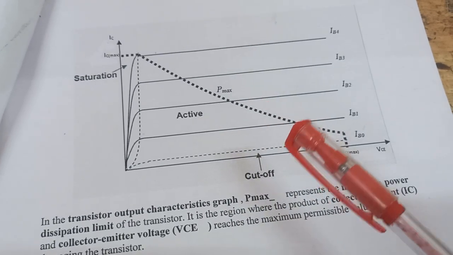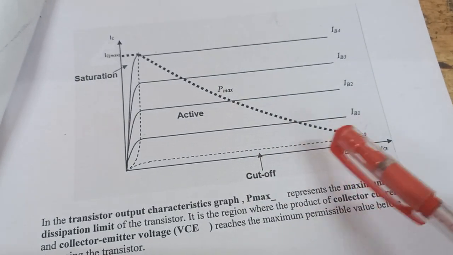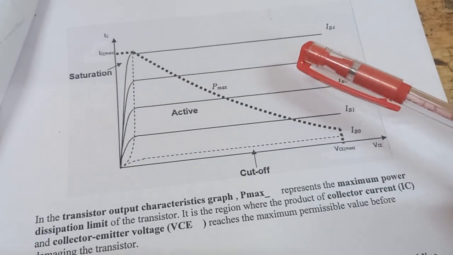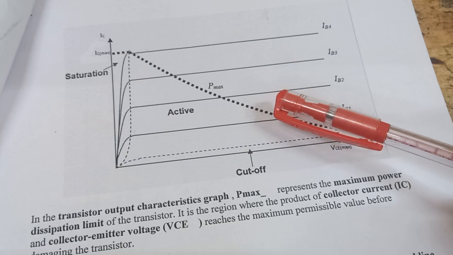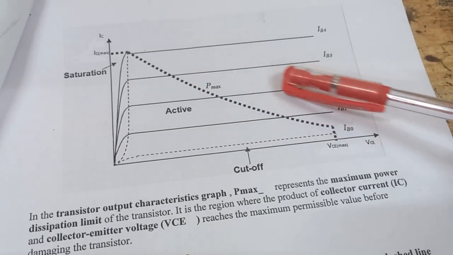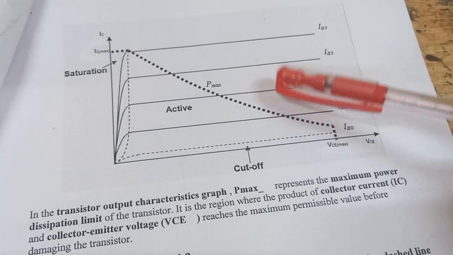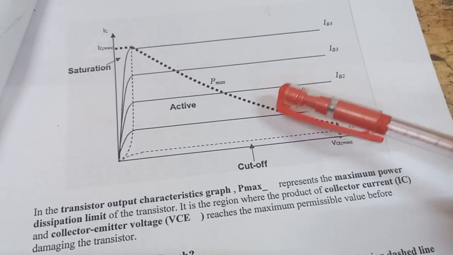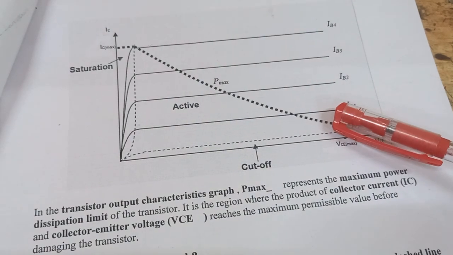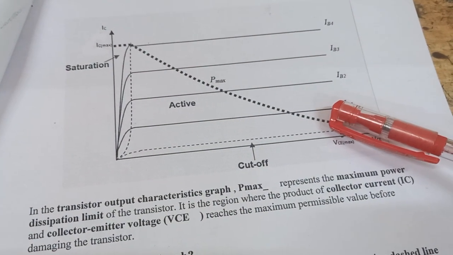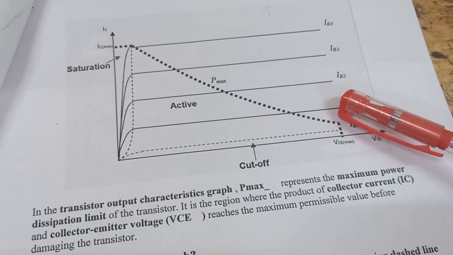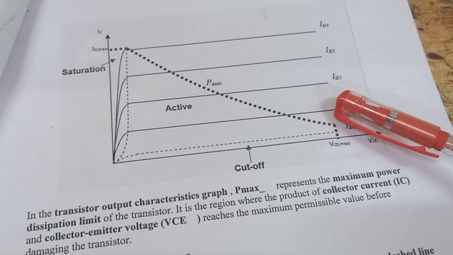In the transistor output characteristics graph, we have shown P max here. It represents the maximum power dissipation limit of the transistor. It is the region where the product of IC and VCE reaches the maximum permissible value before damaging the transistor. From this point to this point, the transistor is in safe condition. It allows the maximum dissipation of power, that is P max.